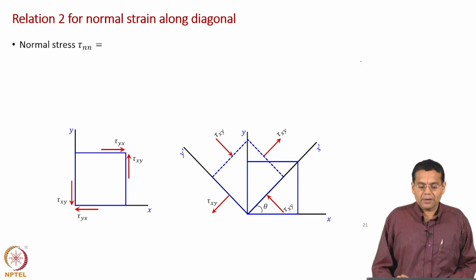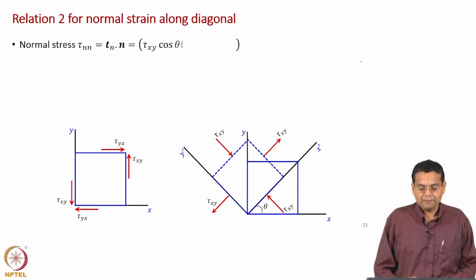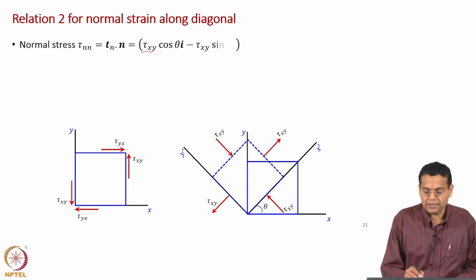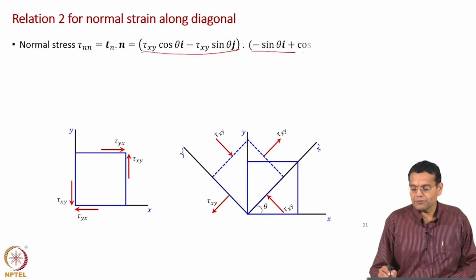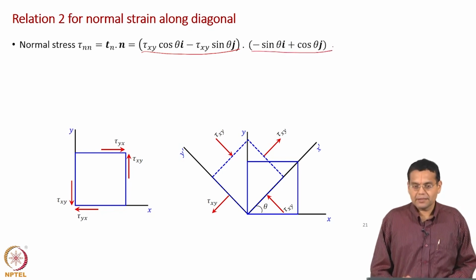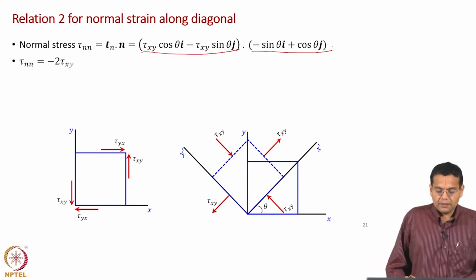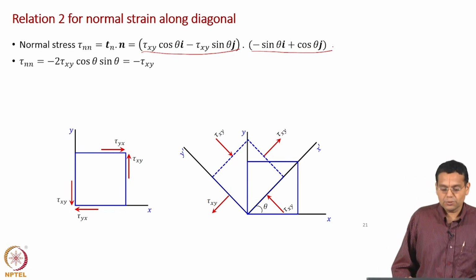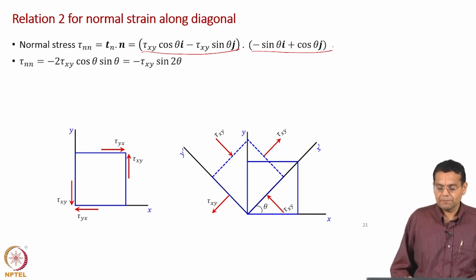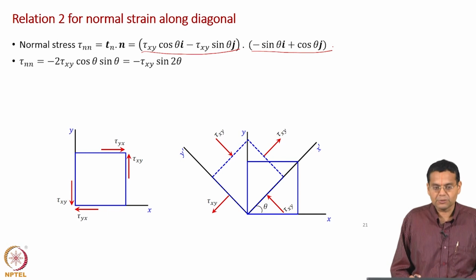Just take the dot product of the stress vector with the unit normal vector. If you take the dot product, you get minus 2 tau xy cos theta sin theta, which is minus tau xy sin 2 theta.